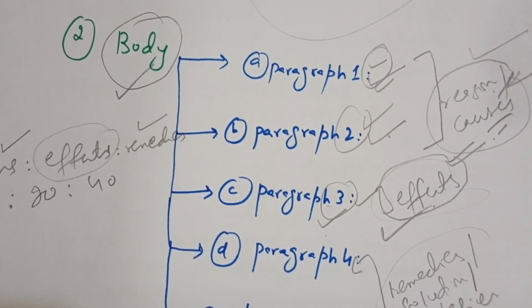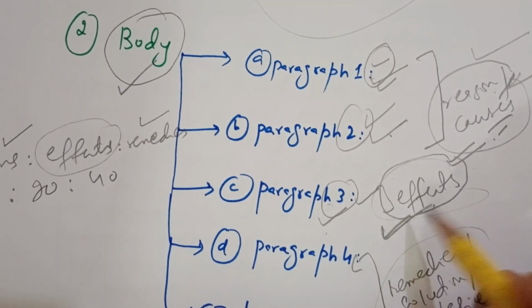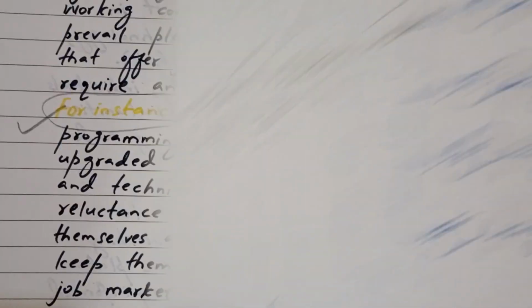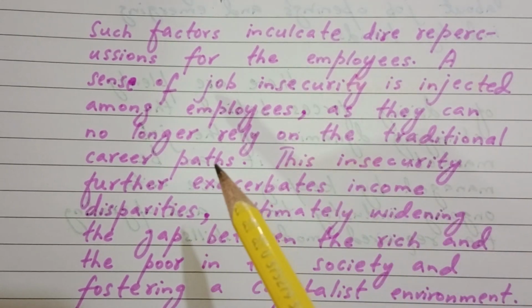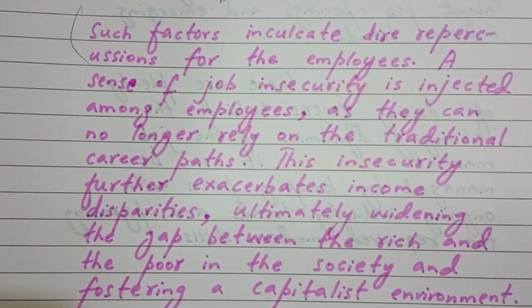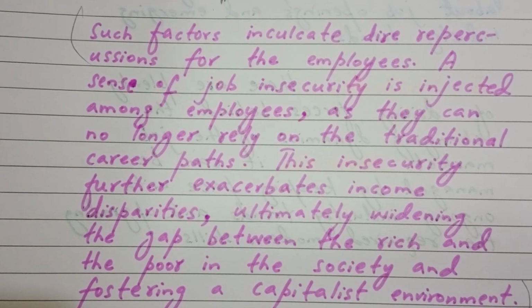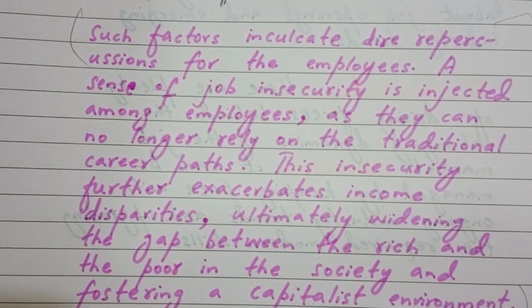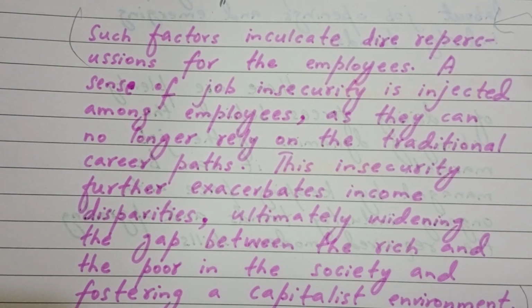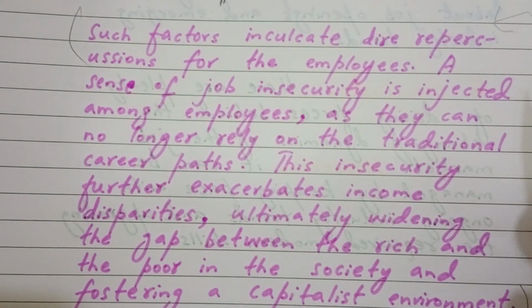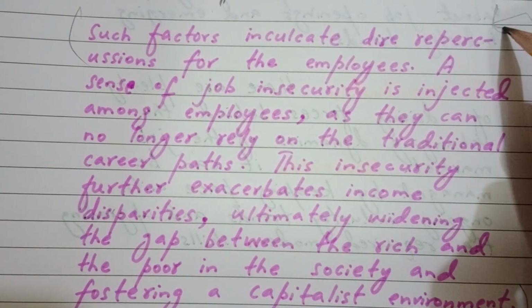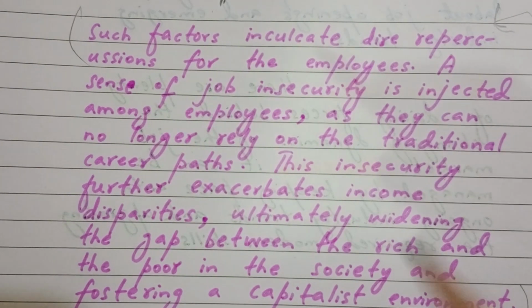Each cause has some effects, so we will jot down the effects of these reasons or causes. This is the third paragraph of this essay, and the writing in pink ink are the causes, and these all are the effects stemming from these very causes.